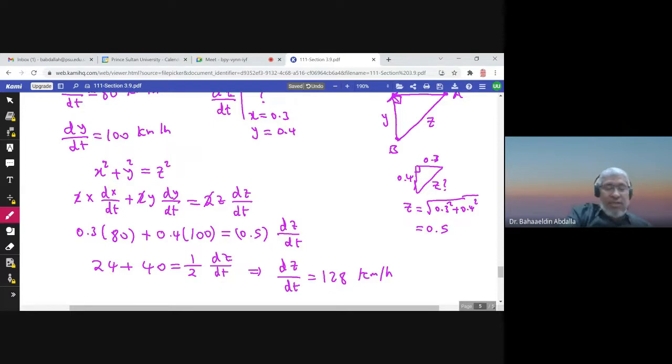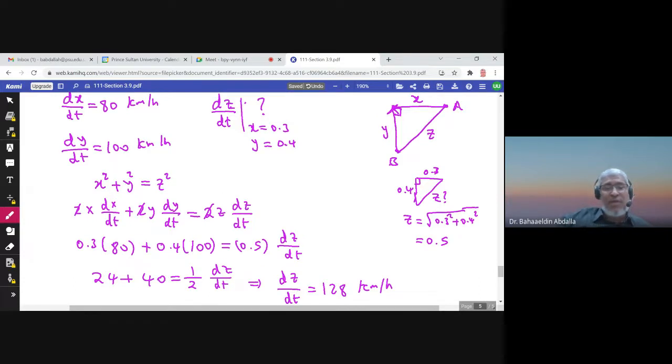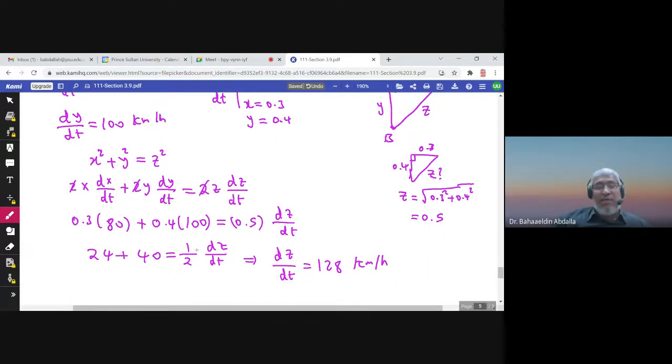That's the end of this section, and I hope that it seems that there is a mistake here. What is the mistake? Of course, Z should be decreasing, isn't it?